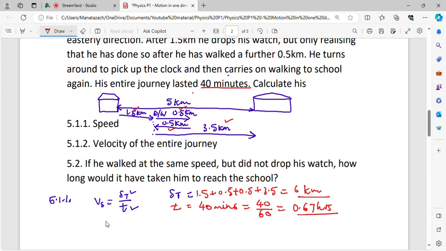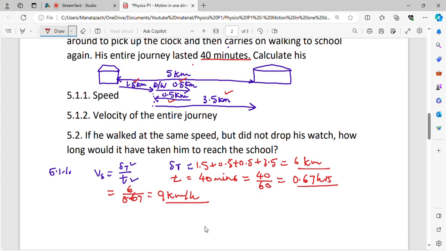Now you can calculate the speed. You know the total distance traveled, you know the time, 0.67. The speed is 9 kilometers per hour.